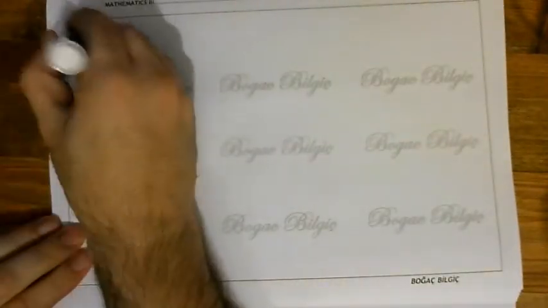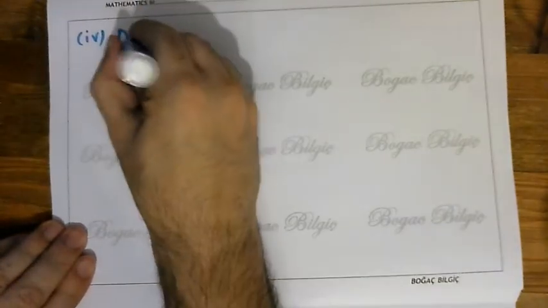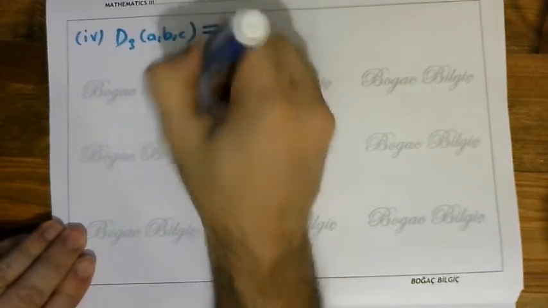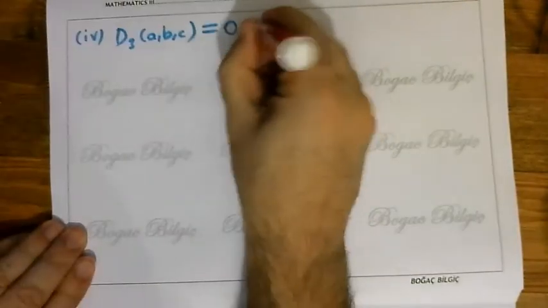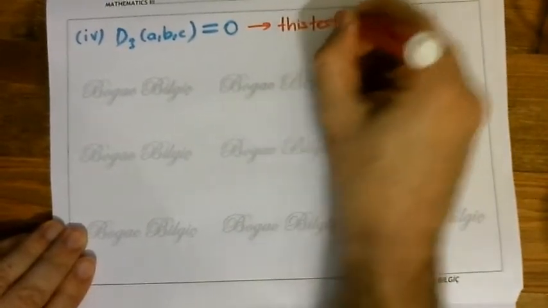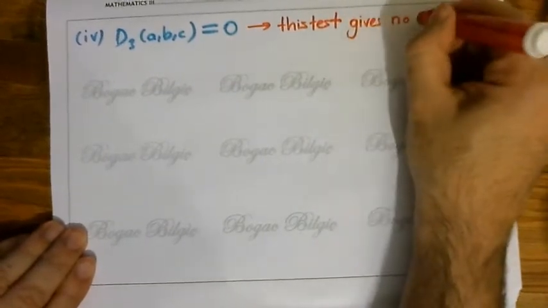And the last condition is for D3(a,b,c) equal to 0. This test gives no information.